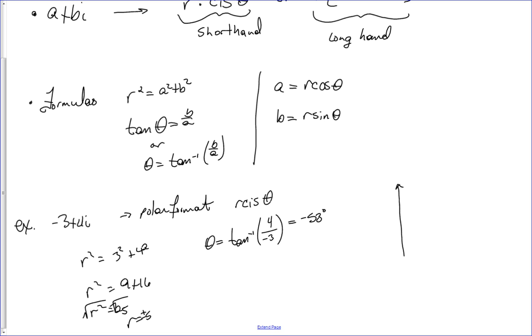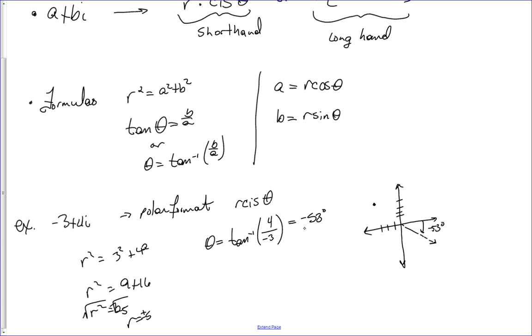Okay, so here we go. If we were to plot this point, it'd be -3, then 1, 2, 3, positive 4i. So our point's going to be right here. Our -53 degree angle is going to be right here.